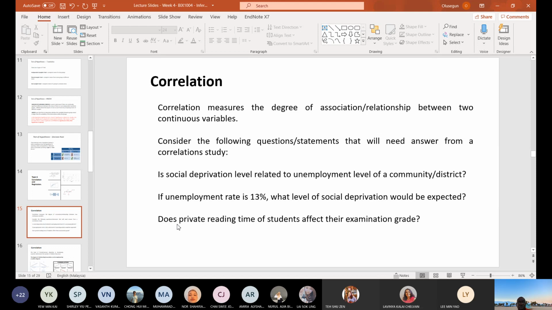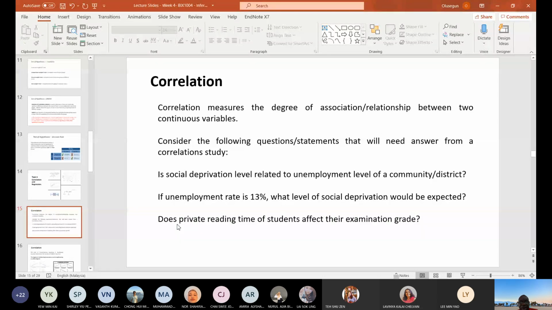Then there could be another one, like when we are talking about unemployment rate and social deprivation. Do they go the same way? If you are unemployed, does it mean you are socially deprived?